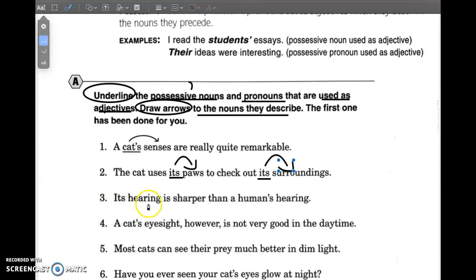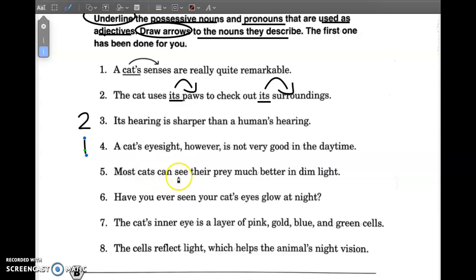Next one, its hearing is sharper than a human's hearing. Again, there are going to be two in this one, just like the other one. A cat's eyesight, however, is not very good in the daytime. There's only going to be one in this one. Most cats can see their prey much better in dim light. There's only going to be one in this one. Have you ever seen your cat's eyes glow at night?